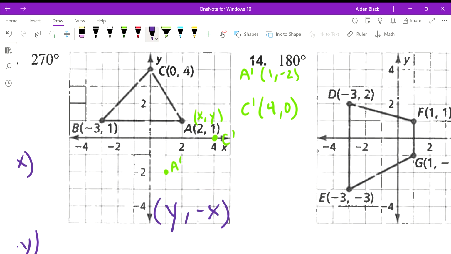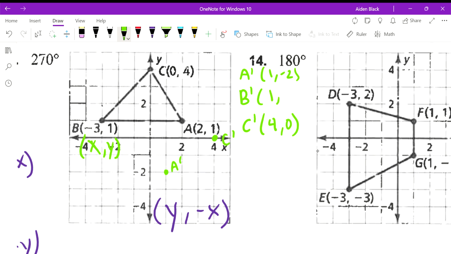Okay, now finally let's do B. So our B prime should be 1, comma, positive 3, not negative 3.